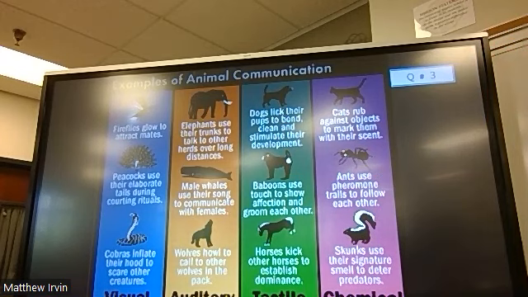Ants will leave little trails. When an ant finds a good food source, they'll leave a little chemical trail so the other ants can follow it. If you've ever had ants in your house, you may see one, and then suddenly there are thousands of them, all following these little trails to get to the food source, and they take it back to the nest.